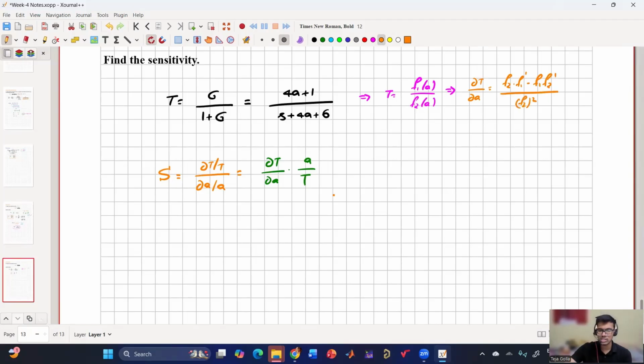Like differentiation of U by V is V dU minus U dV by V square. So that is what I have done here.